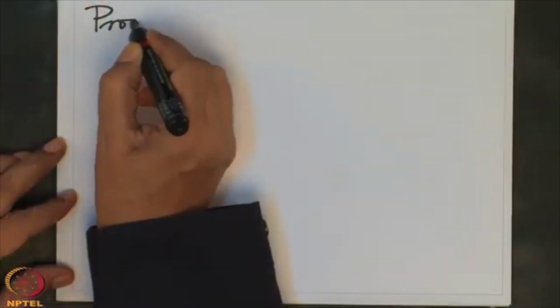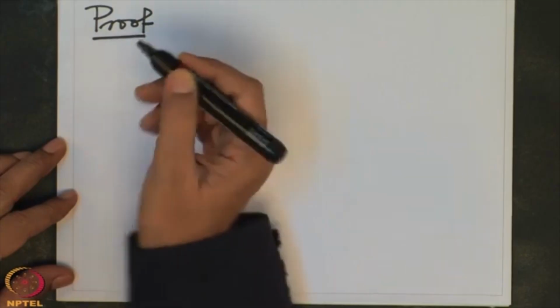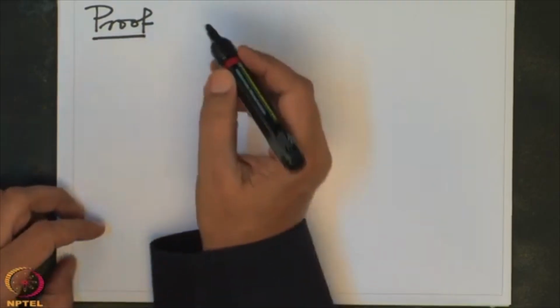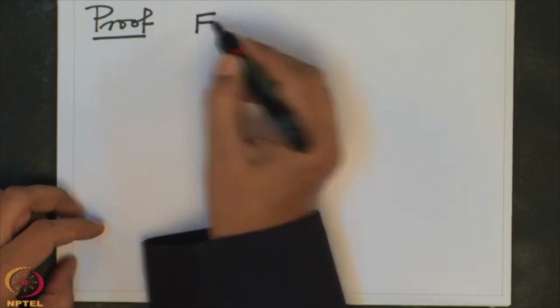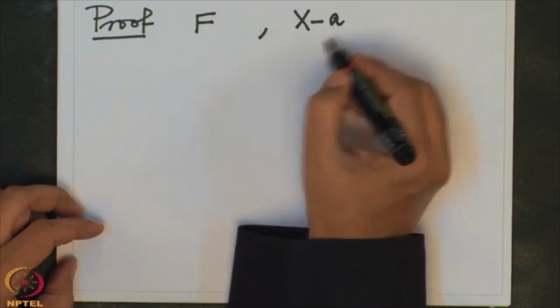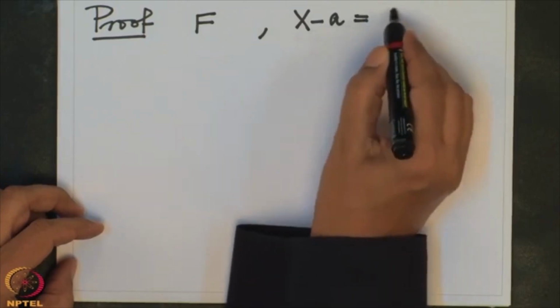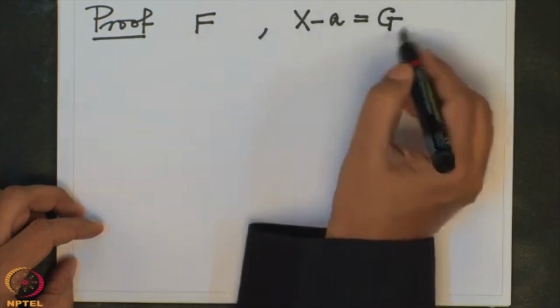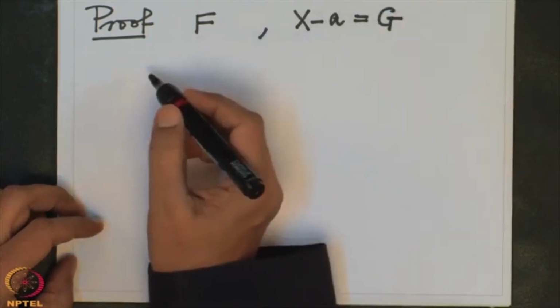Okay, so let us continue with the proof. We have now given f, and also we have given this linear polynomial, and this is my g now. I am going to apply division with remainder by dividing f by g. Then what do we get?